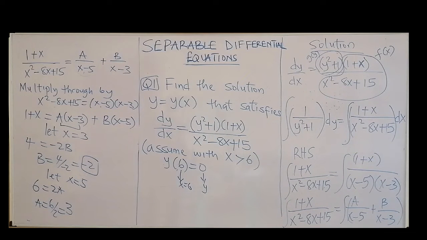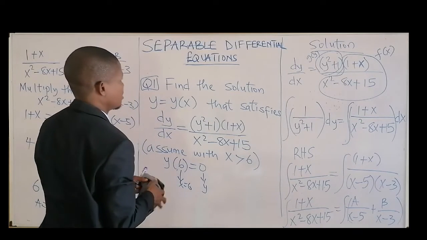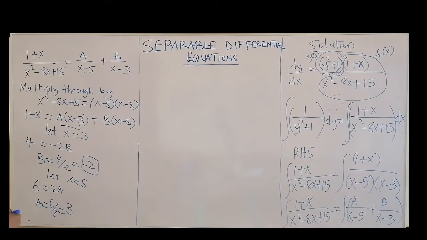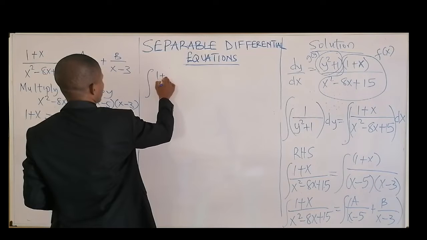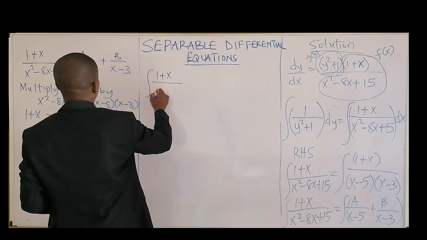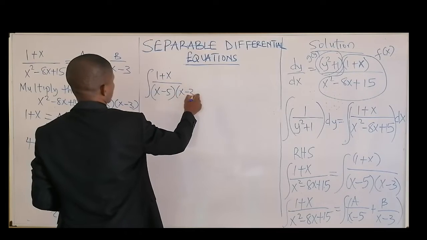So the next thing to do now is to go back to our integration. If you go back to the integration, you can now introduce the integral of 1 plus x over (x minus 5)(x minus 3).